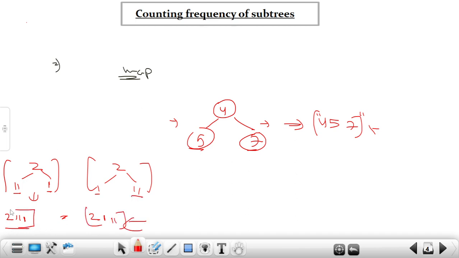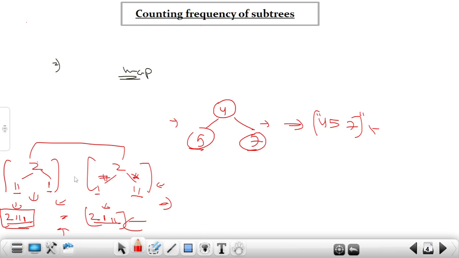But there is a problem here. You can see that these two values are the same, but these trees are not the same. So how do we handle this situation? The problem may occur for situations like this. In order to handle this, we are going to put a hash while merging these values. Let me explain what I mean.